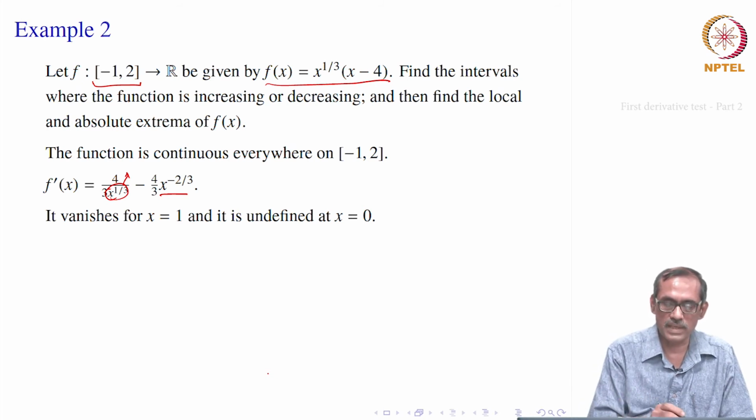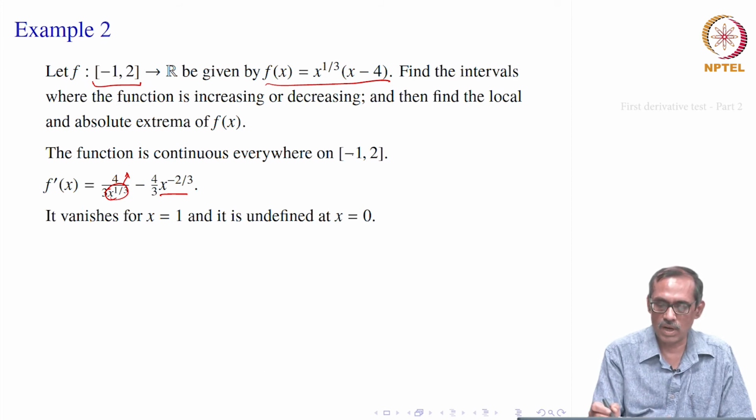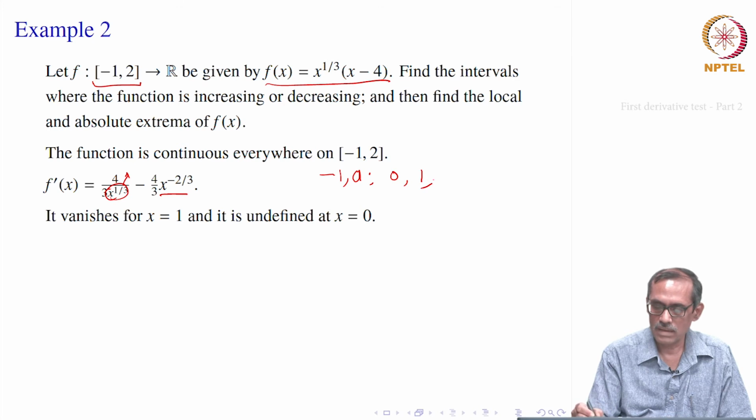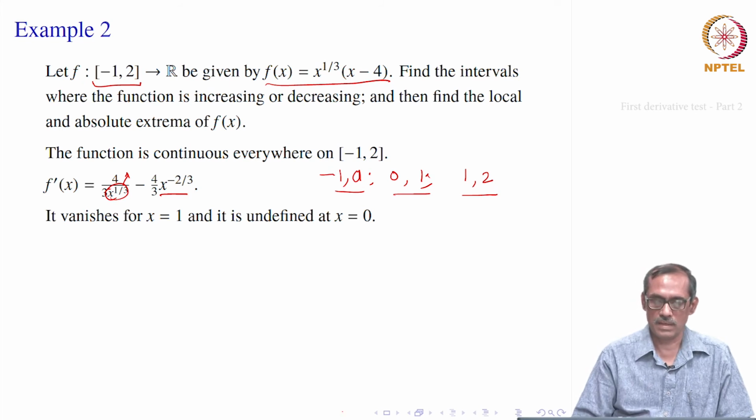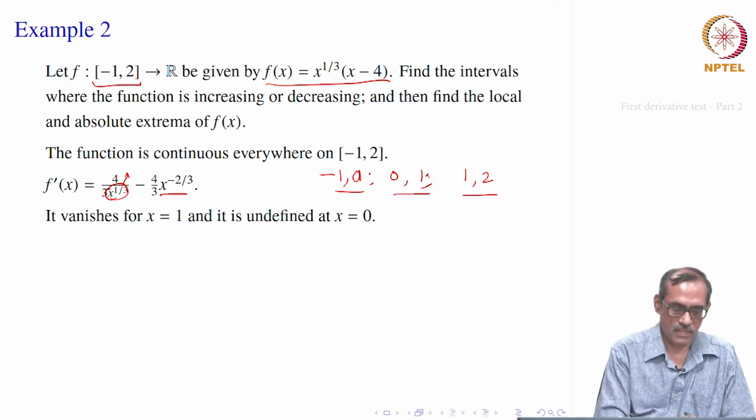Now, at these 2 points it divides the whole of -1 to 2 into intervals: -1 to 0, 0 to 1 and 1 to 2. So, there are 3 intervals you get, fine, because there are 2 critical points.